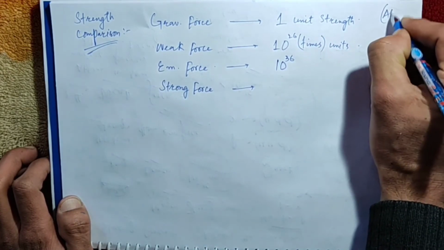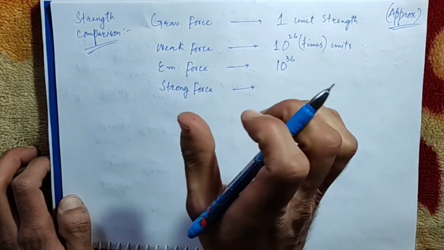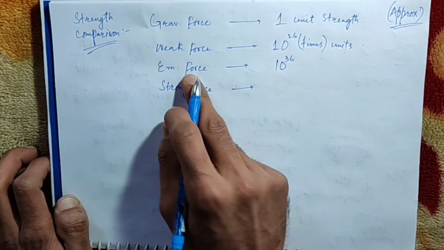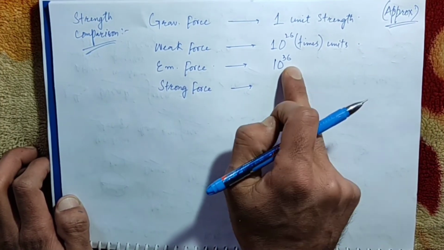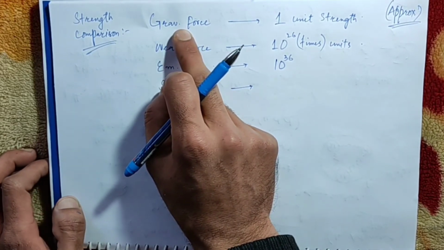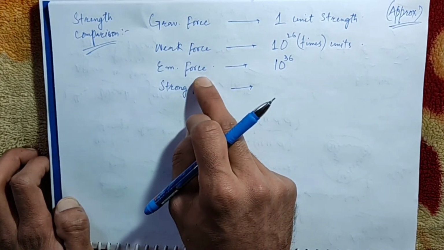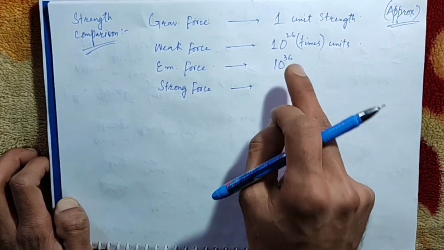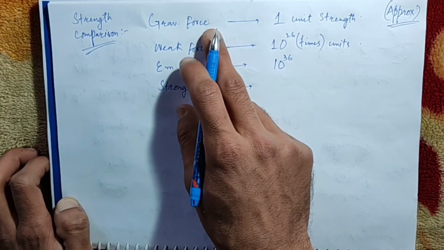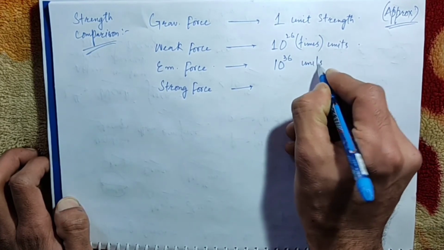This is an approximation, keep that in mind, it's not the exact value. I'm just giving the rough calculation. This electromagnetic force is 10 to the power 36 times stronger than the gravitational force itself. See how much weaker the gravitational force is.